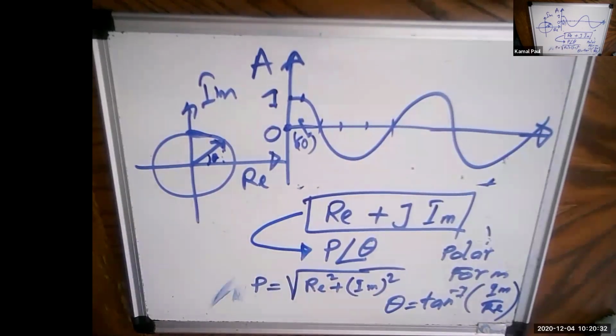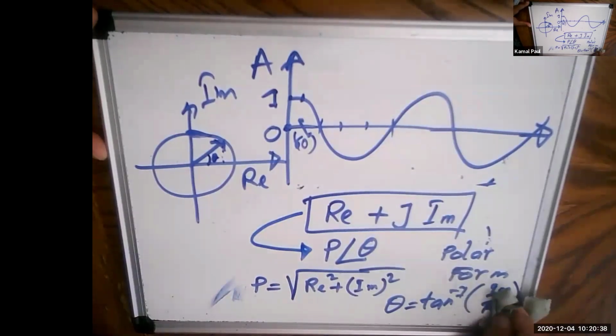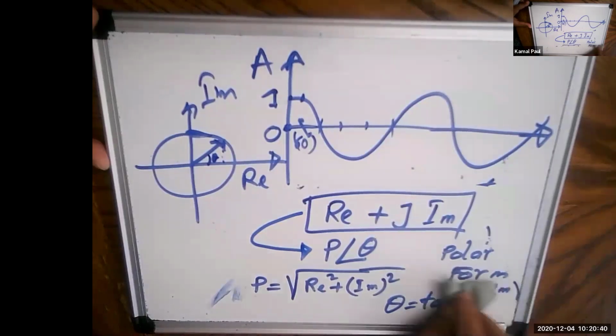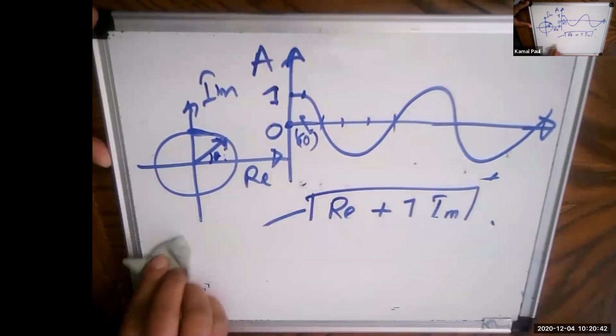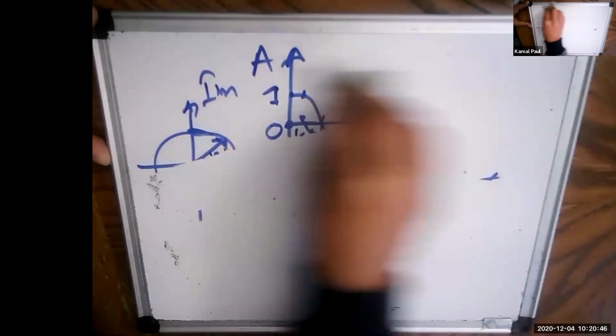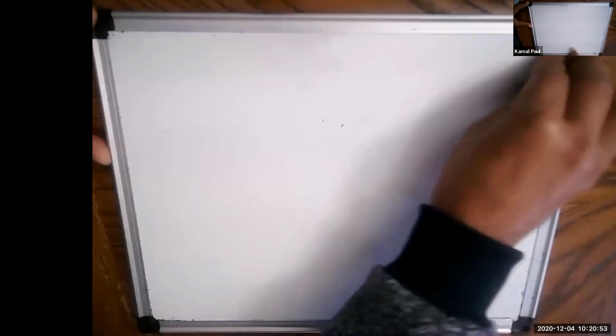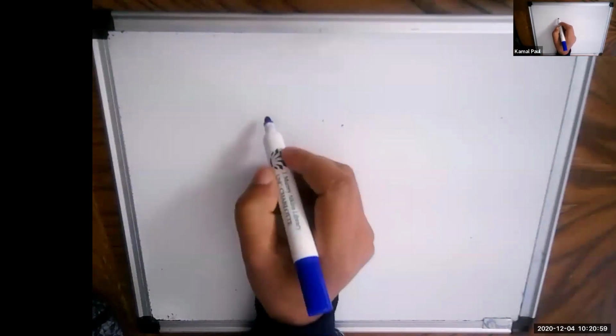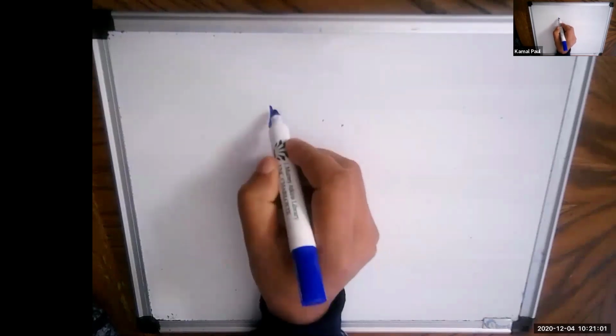Now, why do we need this conversion? Again, I'm telling, whenever in any circuit you will see the time-dependent values are given, you can convert the time-dependent values into this polar format and then solve the circuit easily with phasor algebra. You know, algebraic equation, just use phasor algebra.